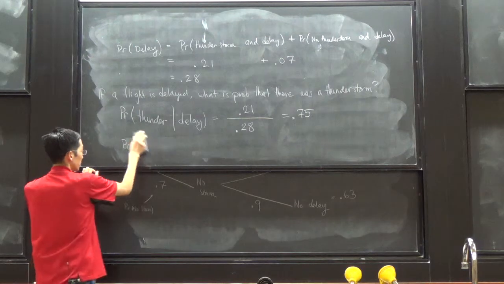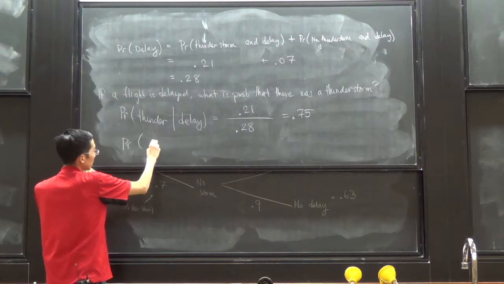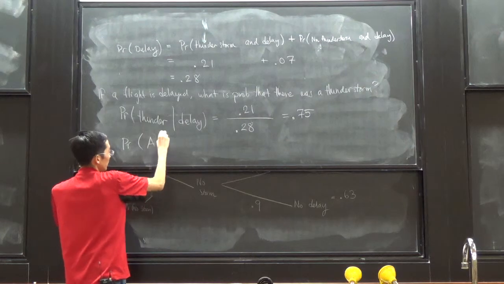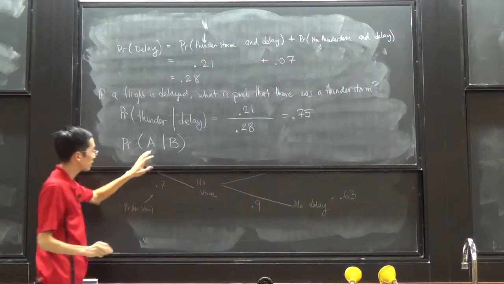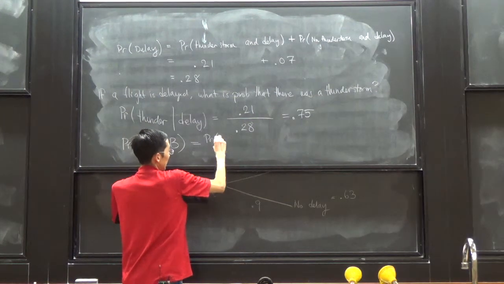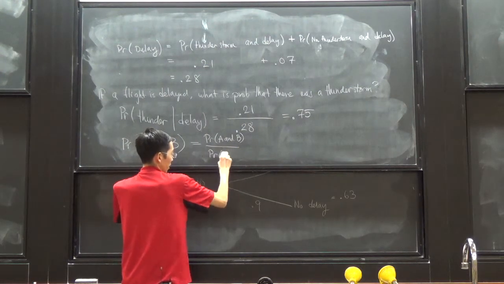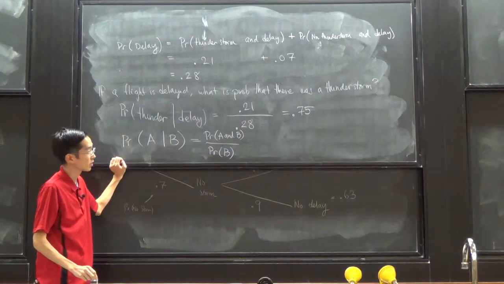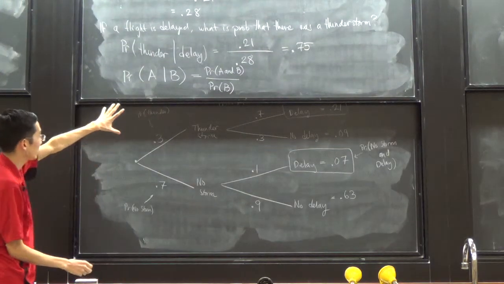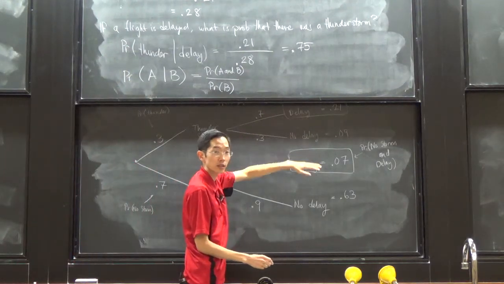Anytime you have a probability of A given B, or B given A, however it's written, if you're asking what's the probability of A given B, this is equal to the probability of A and B divided by the probability of B. In our case, B was the delay, and we found the overall probability of a delay earlier when we added these two together.